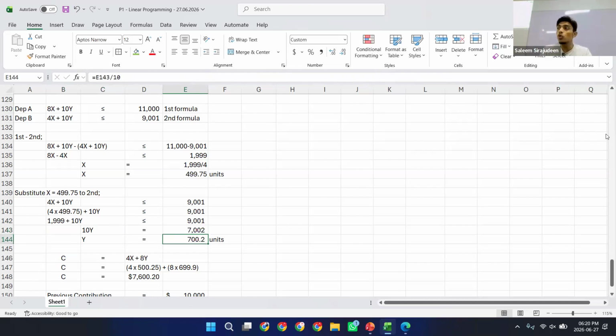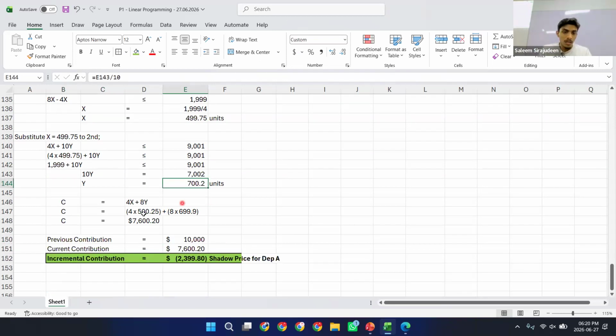It is 7,002. Then y will be 700.2 units, right? So now contribution, it is x 499.75, okay, and y, it is 700.2 units, right?